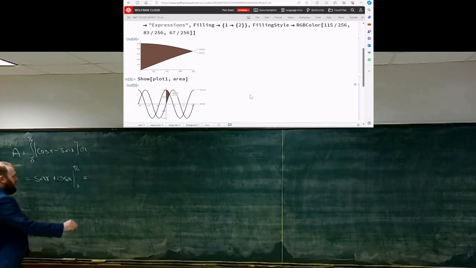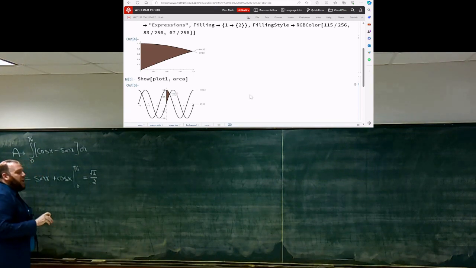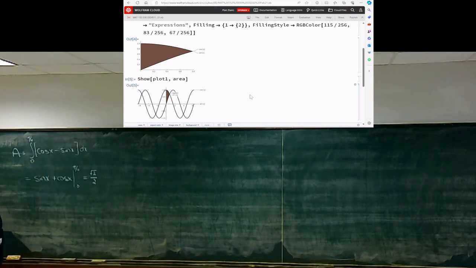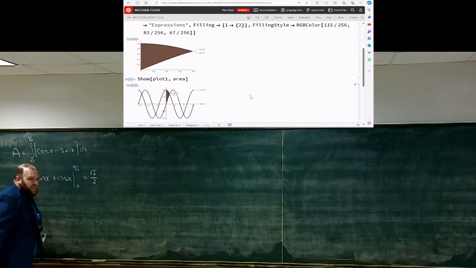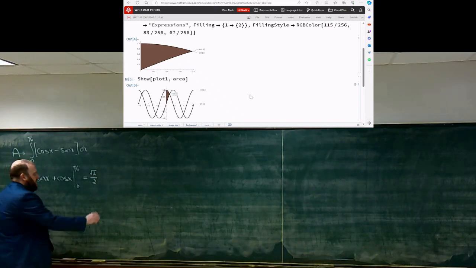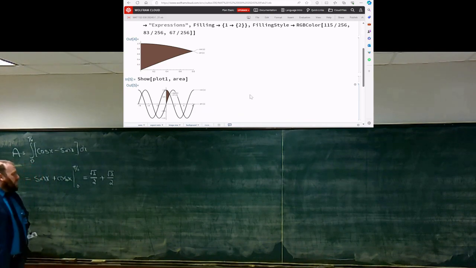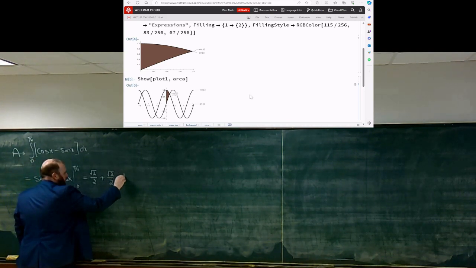Square root of 2 over 2. What is sine of 0? Negative 0. Alright, so I don't need to write that, it'll just be minus 0. Now, plus, what is cosine of pi over 4? The same. Minus, what is cosine of 0? 1. Minus 1.